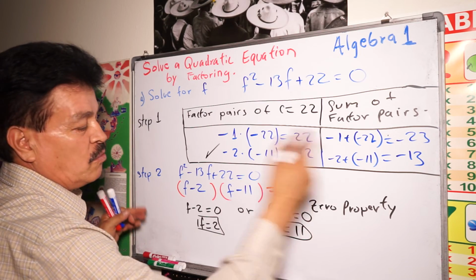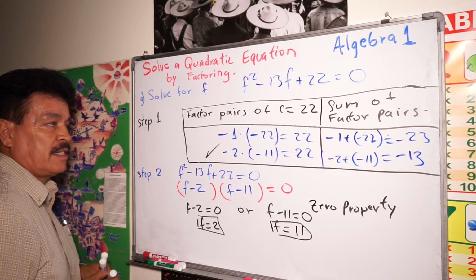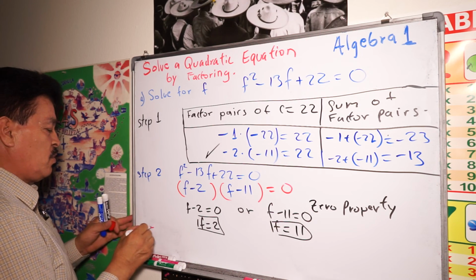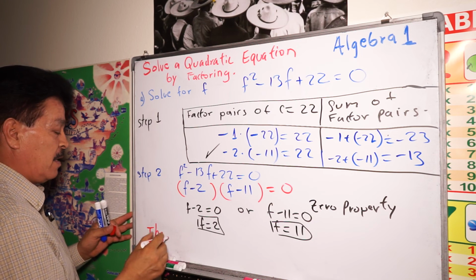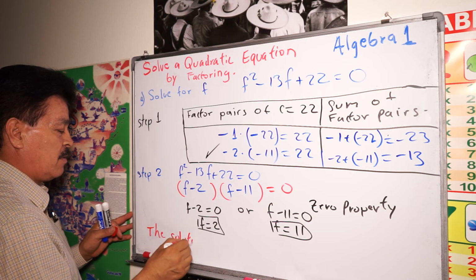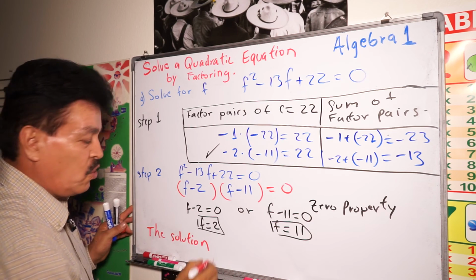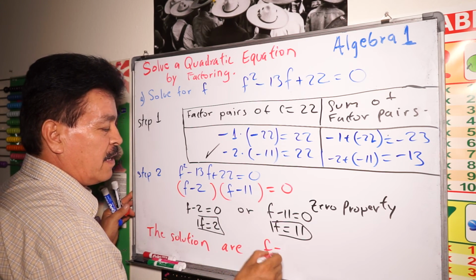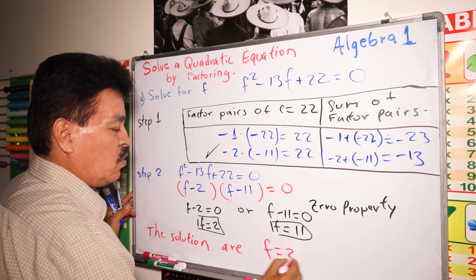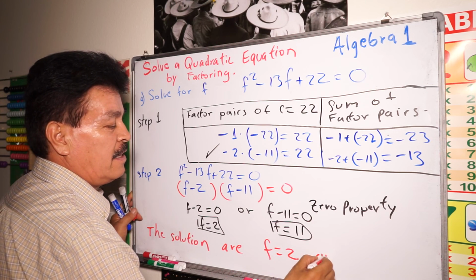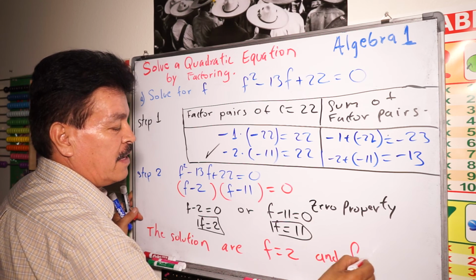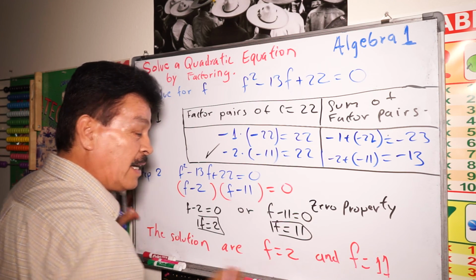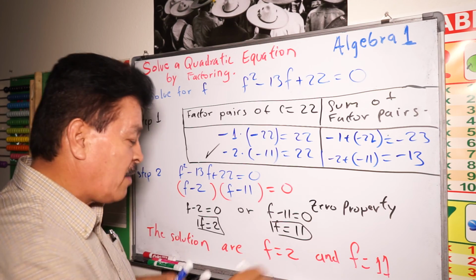Because this is negative, you move it to the other side and it's positive. Now the solution to our problem: f equals 2 and f equals 11, right? That's it. So far, very simple, okay?